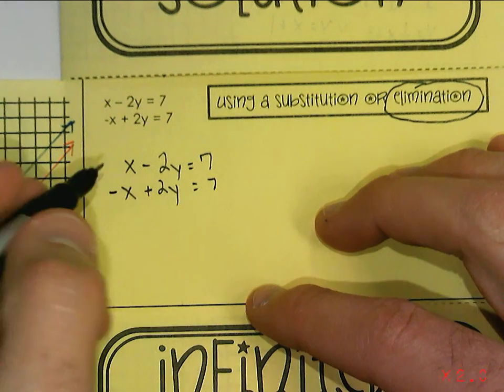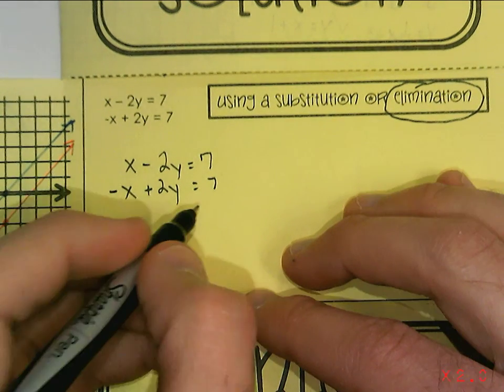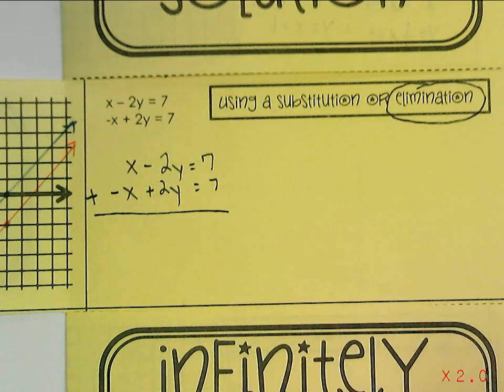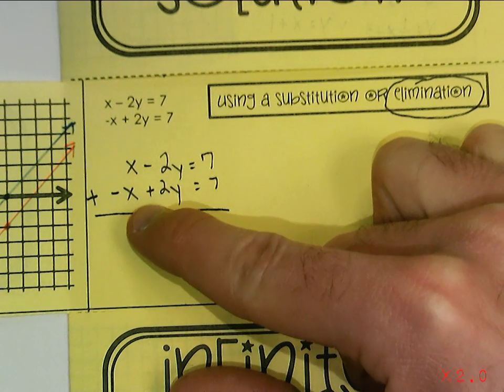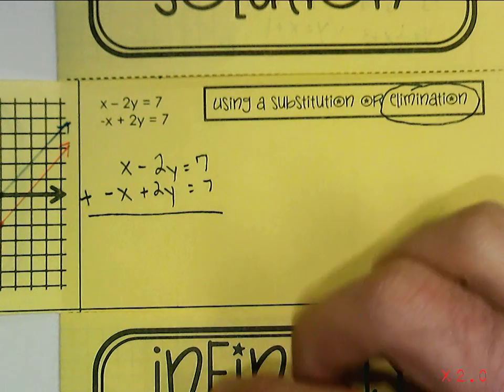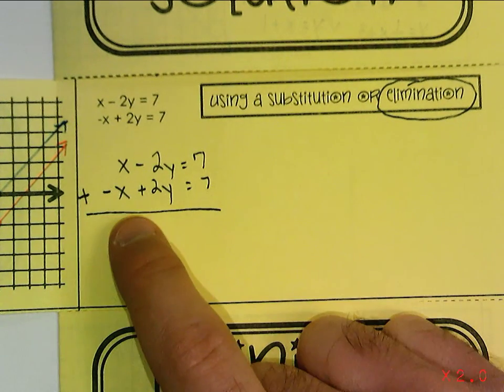So let's treat this as an addition problem. I already see that my x's are going to cancel if I add them together, and actually so will my y's, and we'll see what happens here. So this is why I'm just going to use addition to solve this.